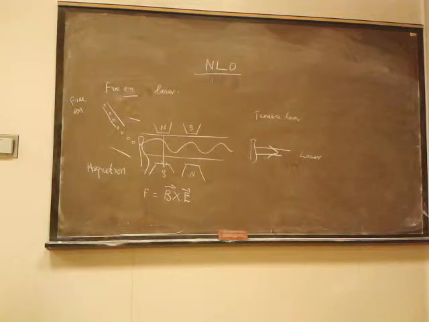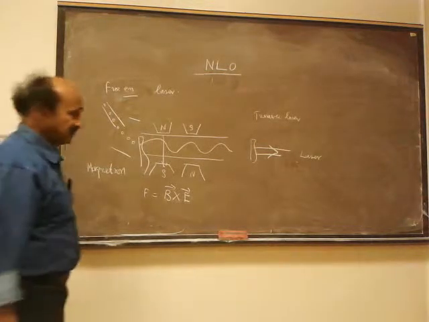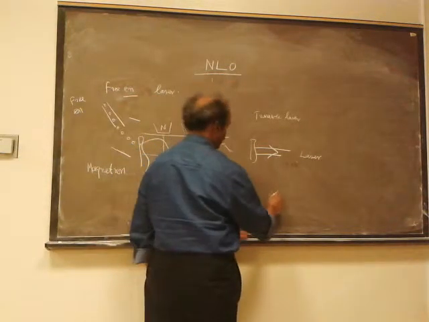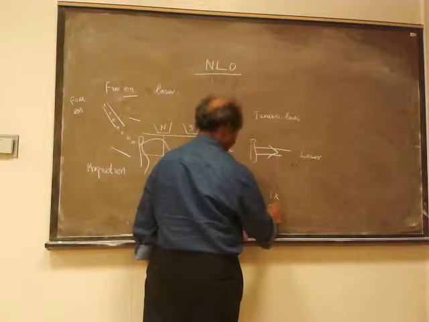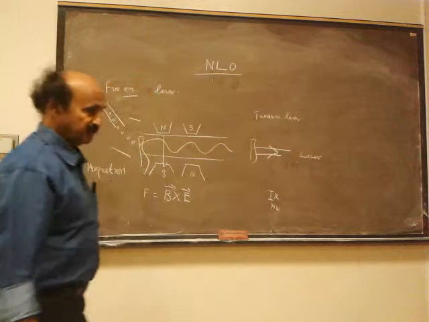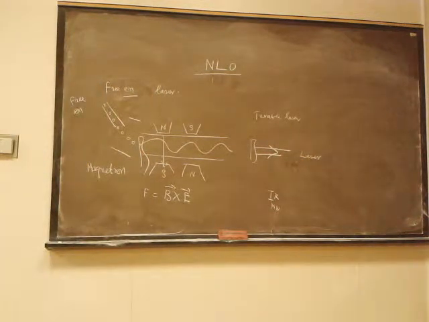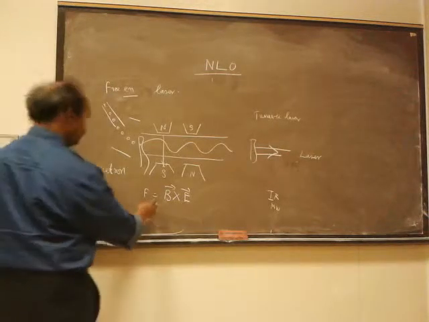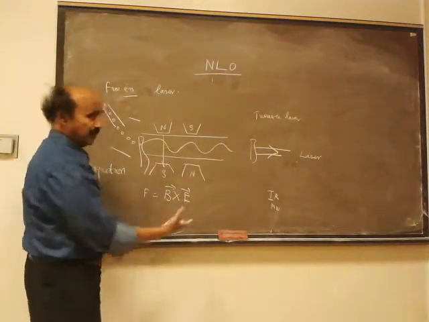Most of the free electron lasers are in the infrared or microwave region, not much in the visible region. To produce the visible region or X-ray region, all of them are possible. You need very high energy electrons, a very high magnetic field, and a very high frequency magnetic field.